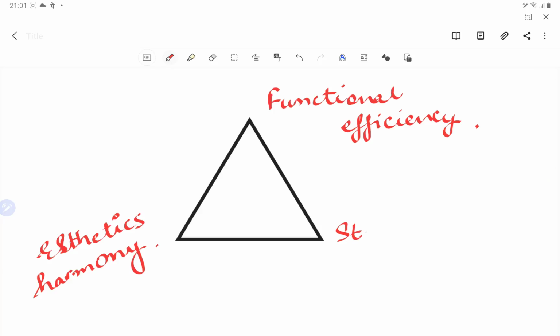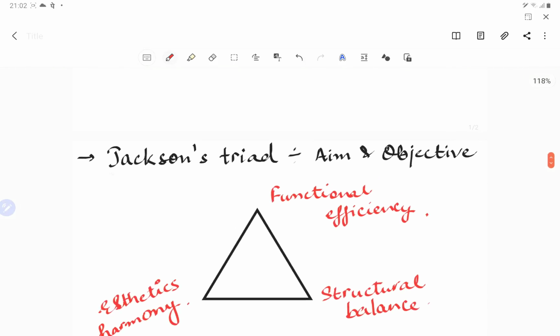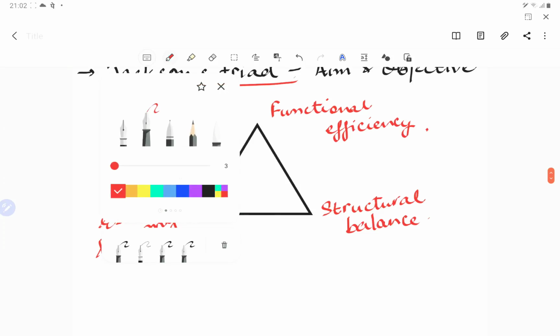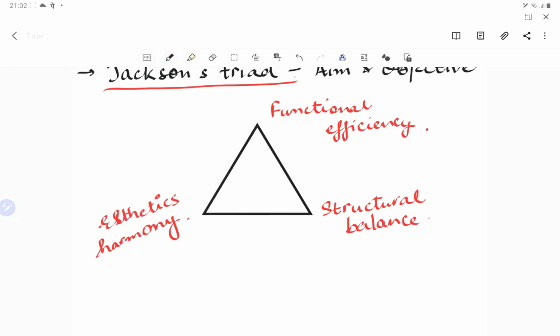Along with that, there should be structural balance, meaning there should not be pain in the TMJ due to the orthodontic treatment. So this is our Jackson's triad, which covers the aims and objectives of orthodontic treatment.